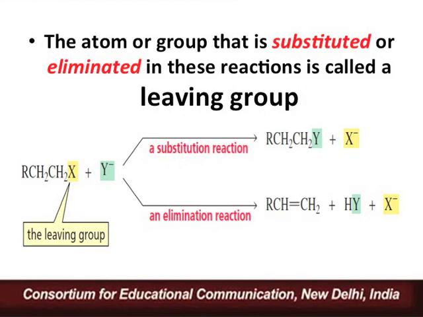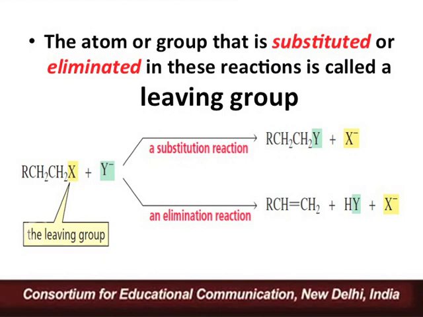On your screens, now you can see the substitution reactions versus elimination reactions. The atom or group that is substituted or eliminated in these reactions is called a leaving group.